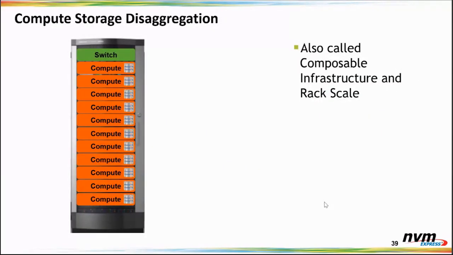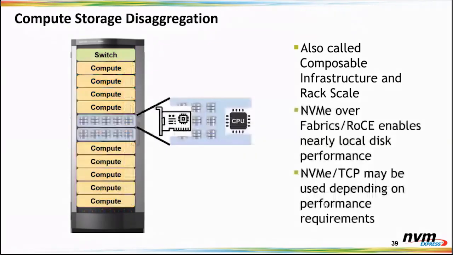The next application I'm going to show is one that's really interesting now in the world of cloud, whether it's private cloud or more hyperscaler kind of size. And this application is really enabled by the performance that NVMe over Fabrics gives, which is very close to local storage performance.